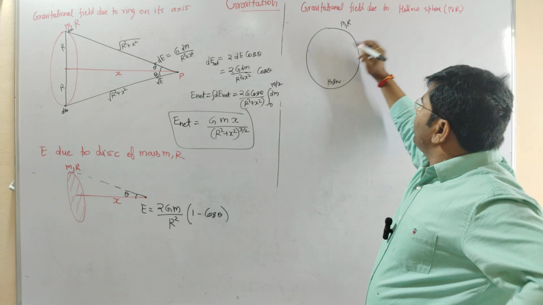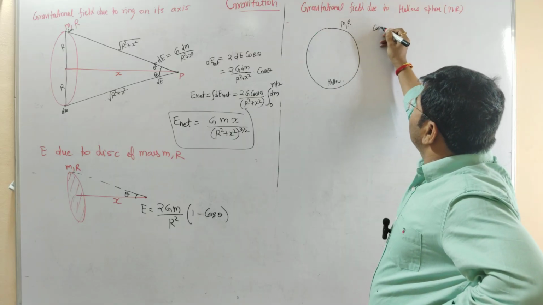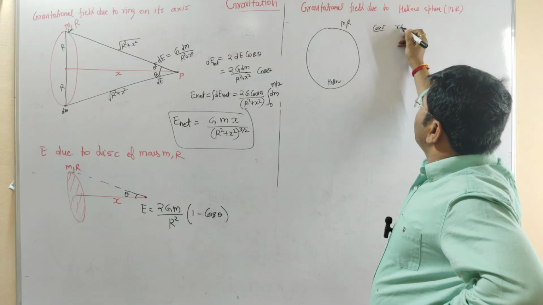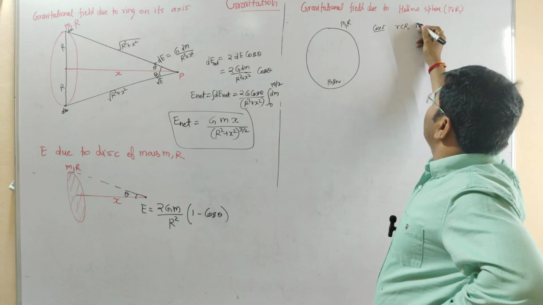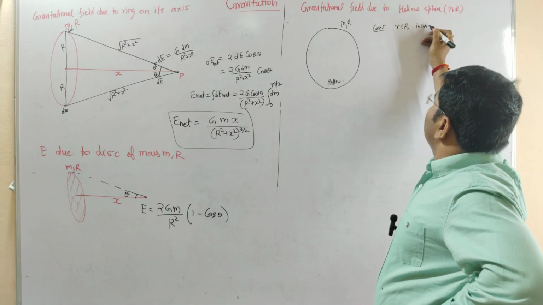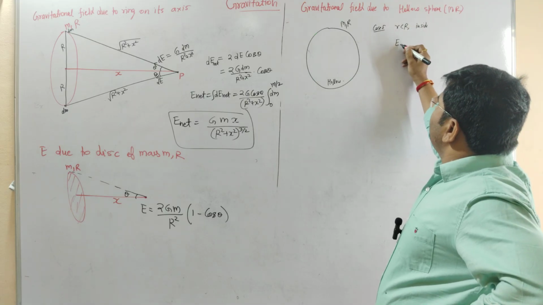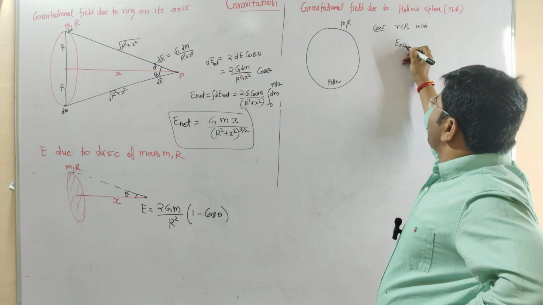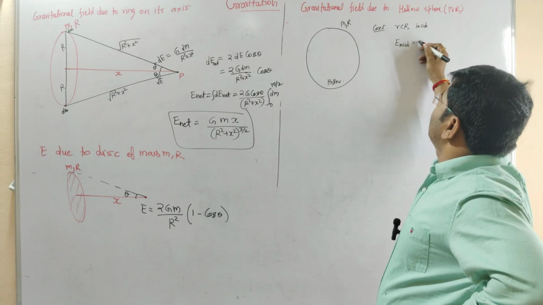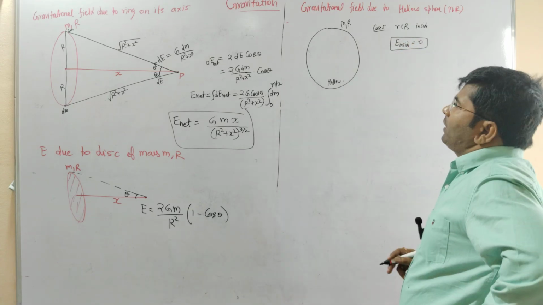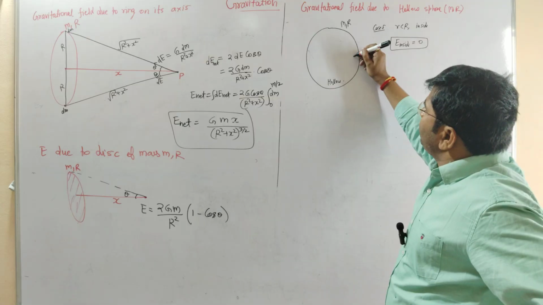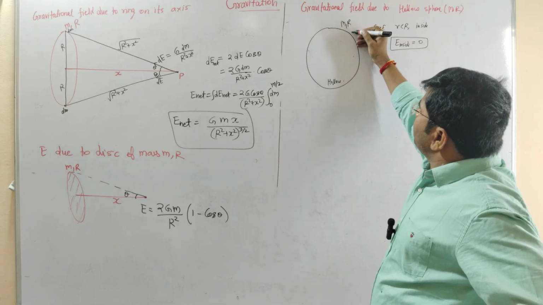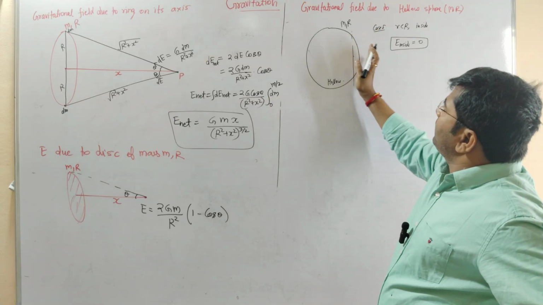Case 1, I'm taking r less than R. That means inside point. So here E inside will always be 0. You have to remember 0. Why 0? Because if I take any point here, I can divide it into two parts, right side and left side.